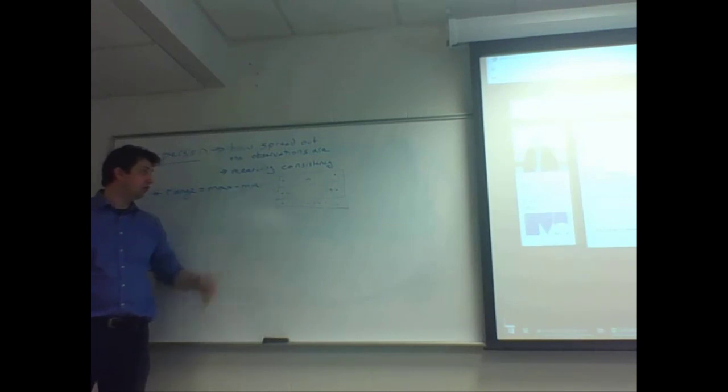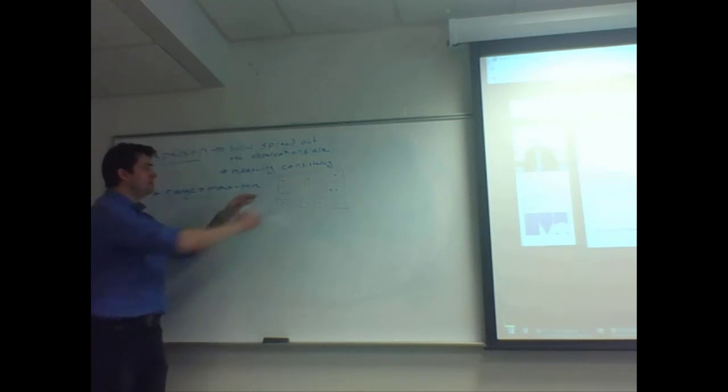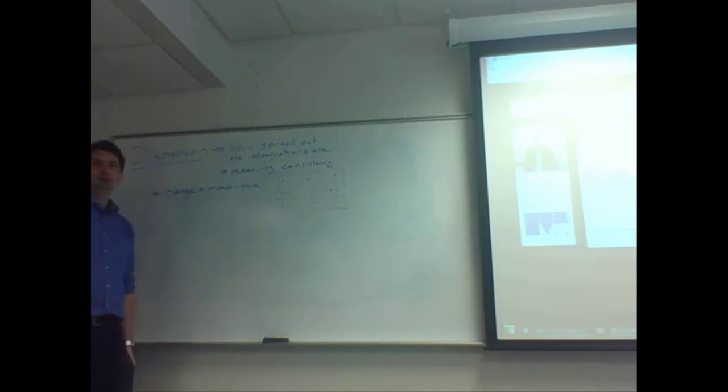Same average. I try to draw it that way anyway. All of them also have the same range. But do they look like the same data set? Do they look pretty vastly different? Absolutely. A bunch of observations clumped together seems very different than them spread out like this. It seems very different than them sort of uniformly spread out.